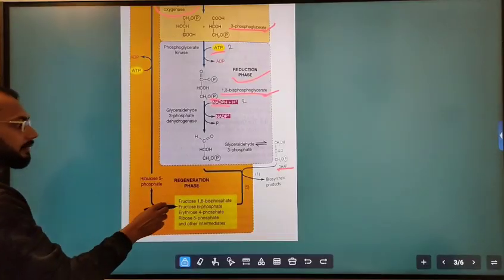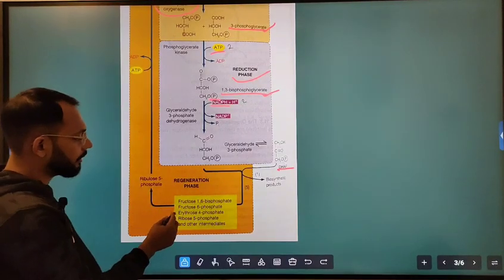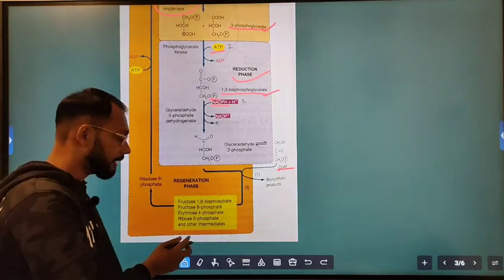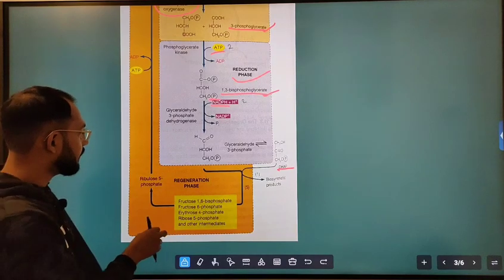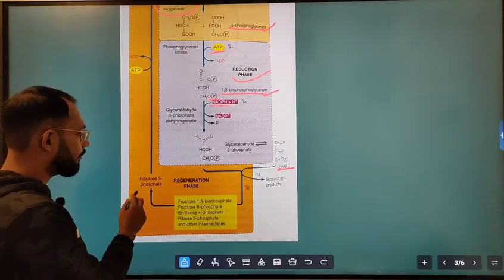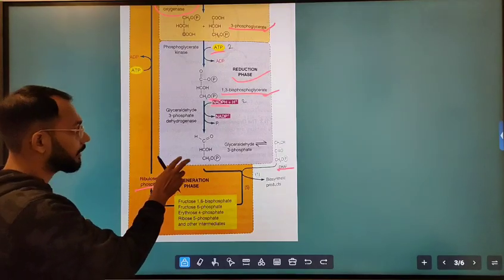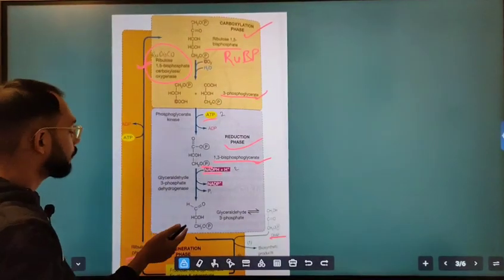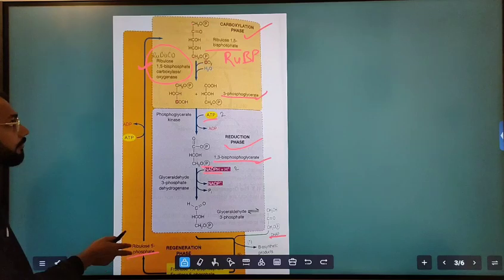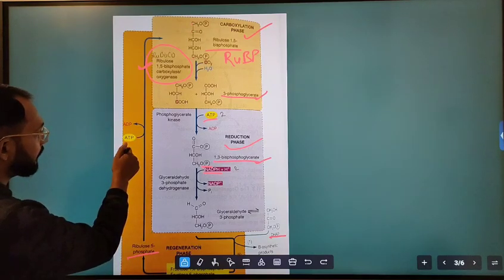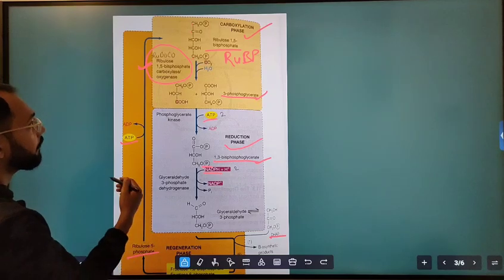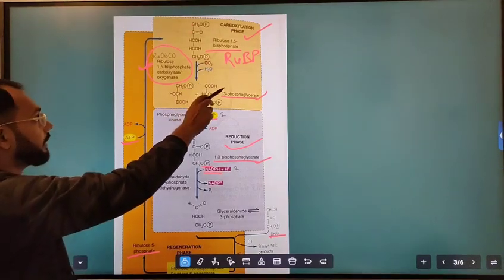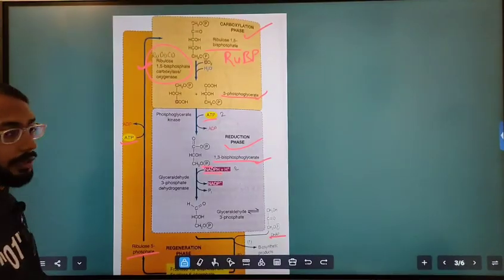So in the regeneration phase, these intermediary compounds are made with the help of transaldolases and transketolases enzymes, and the main thing is ribulose 5-phosphate has to be regenerated again to complete this cycle or to start this cycle again. So ribulose 5-phosphate is generated, and again 1 ATP is used to convert it into ribulose 1,5-bisphosphate, the substrate for the Calvin cycle, and this cycle continues time and again.